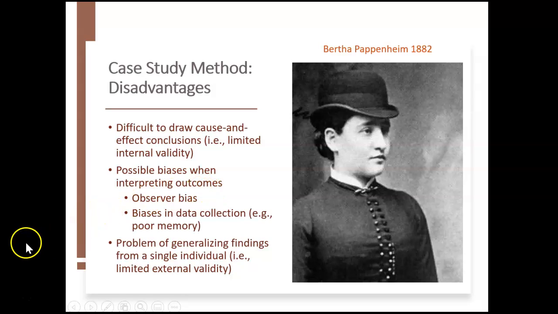It's also possible when you're looking at case studies, especially in the clinical literature, for Freud, for example, his interactions with Bertha Pappenheim would be considered by modern standards to be unethical. He tended to be kind of enmeshed with his patients, especially the ones he was writing about. So that raises the potential for observer bias, as well as biases in what he included in his records.